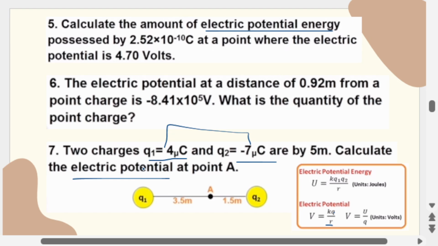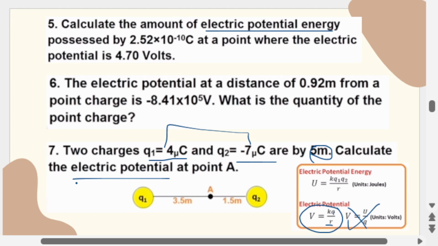Since we're talking about electric potential, this formula has a charge and a distance. We can see the distance here, so we can't use the other formula. We use this one, but as you can see in the formula, only one charge is involved, kQ, so it means they can't both be used. So how do you solve for this one?